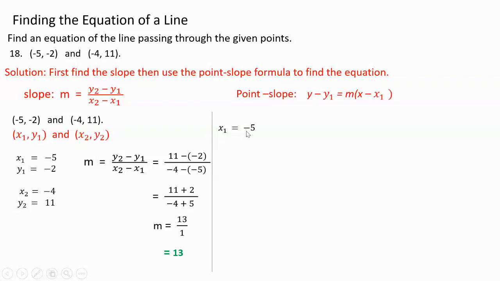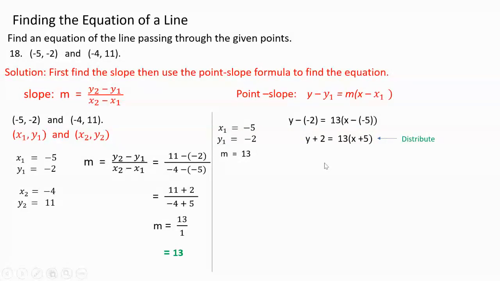Now my x1 was negative 5, my y1 was negative 2, and my slope is 13. So we plug it into the formula: y minus negative 2 equals 13 times (x minus negative 5). This simplifies to a plus, so y plus 2 equals 13 times (x plus 5). Now we distribute 13 times x and 13 times 5.